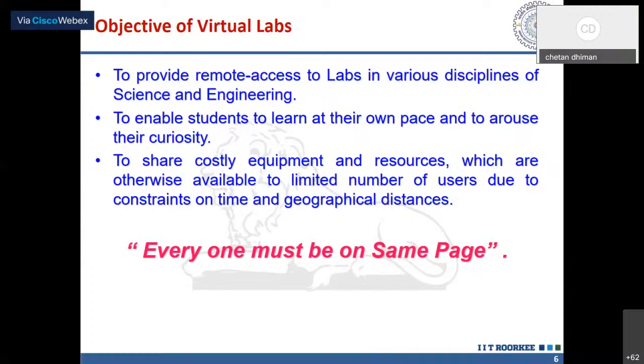Our objective is that each and every student across the world can access the same data and perform the experiment without any limitation of their branch and their background. So virtual lab also provides an interdisciplinary environment to our users to enhance their learning process.